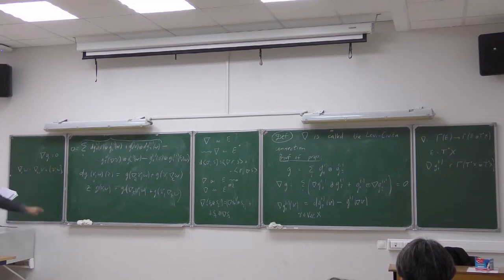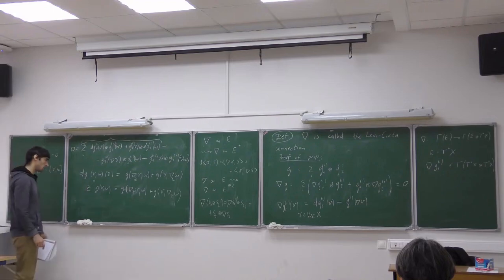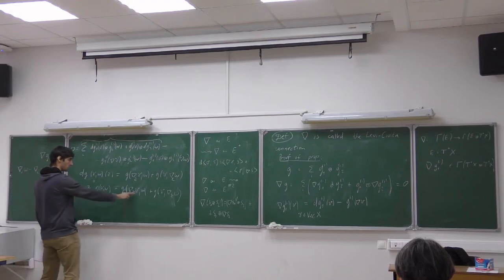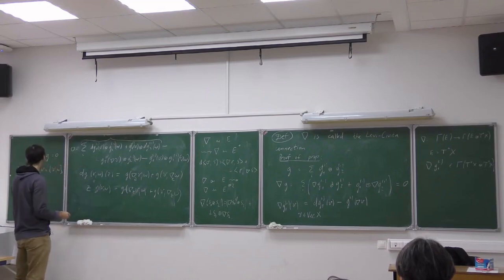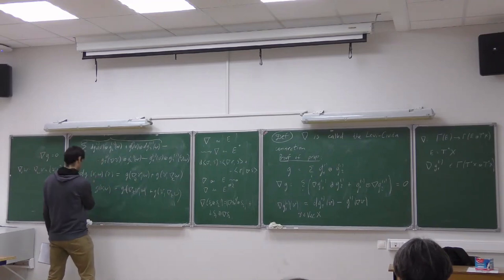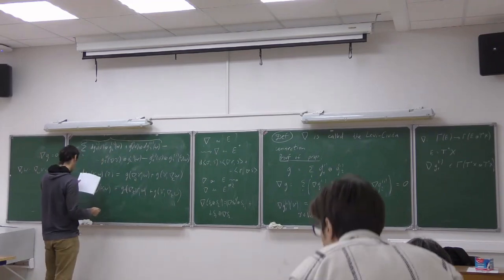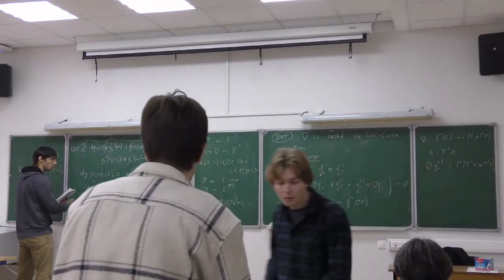So we take this and then replace this term with nabla V with Z, right, minus g of the commutator.